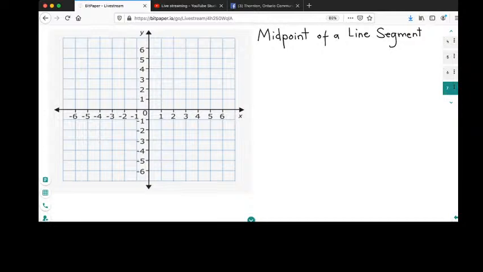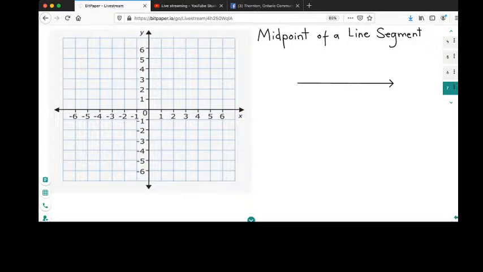So the midpoint of a line segment is literally the point on the line that is the same distance from either end point. And if we look at it like this, let's say I have a straight line like this. I guess it is straight. There we go. Great.